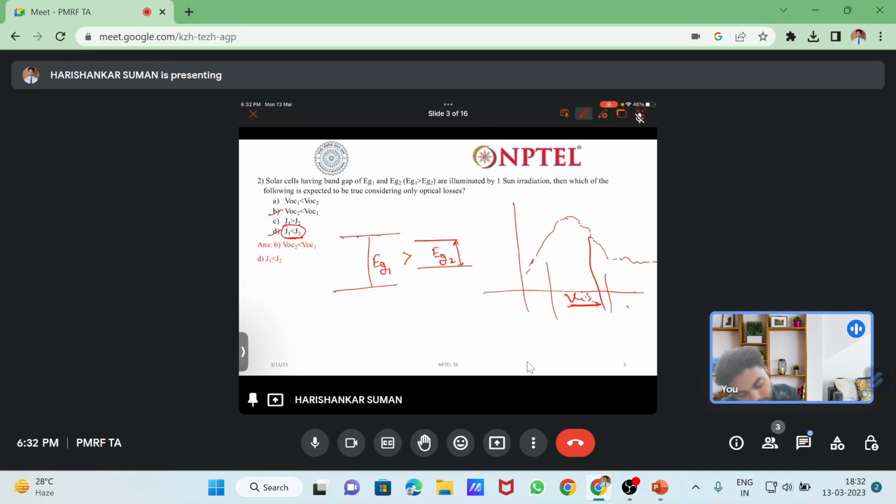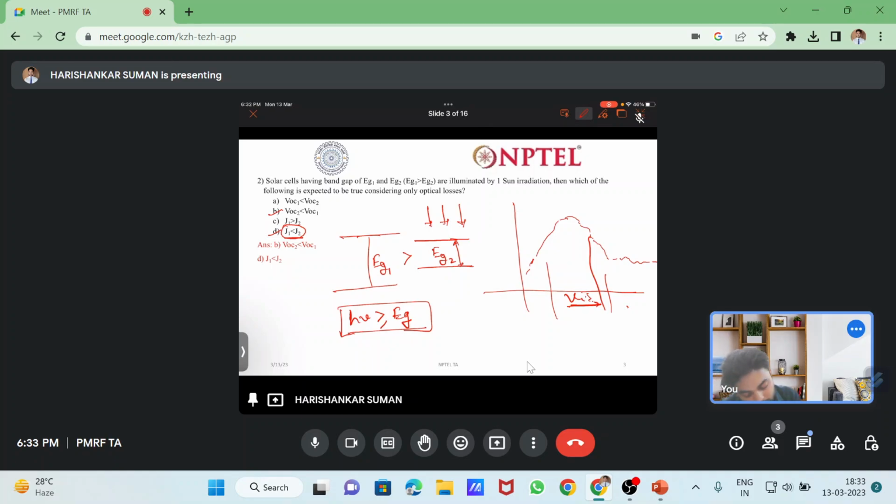We know that if the solar spectrum is incident like that, and the band gap is less, then if the photon energy hν is greater than the band gap E, the photon can be absorbed by the material. Yes or no? Yes.